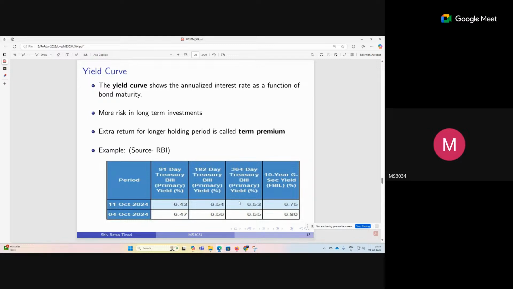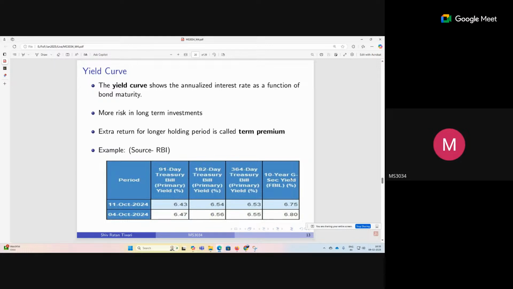The example I have taken is for India, and I have taken this data from the RBI website. Here it gives me interest rates for four different government bonds. The first is the 91 day treasury bill, then the 182 day treasury bill, and the 364 day. So the first three are for 3 months, 6 months, and 1 year, and the fourth is the 10 year government bond.